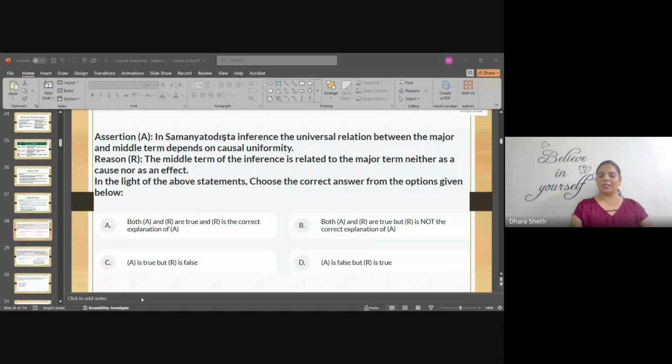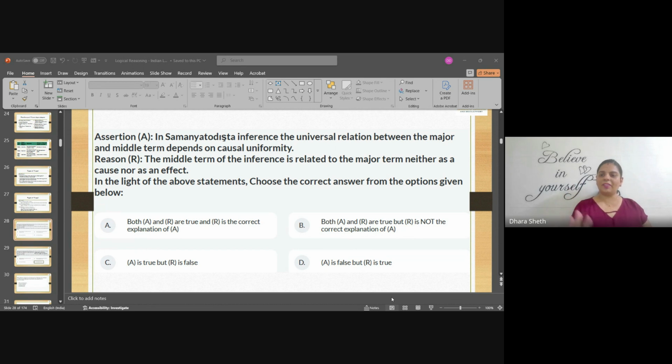What happens in Samanyata Drashta? A. In Samanyata Drashta, does that happen? Do they have a cause and effect relationship? Because the animal has hooves, it has horns.